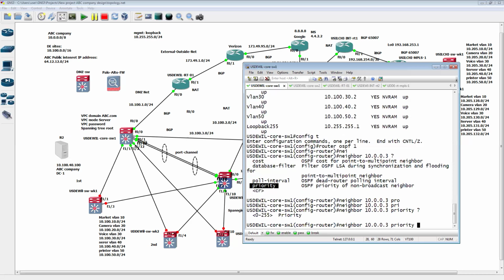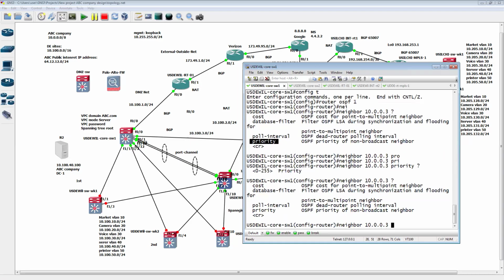If you make the priority higher, then when you have an election, it always wants to be the master. For right now, let's just leave it alone. We just say neighbor like this, and hit enter.